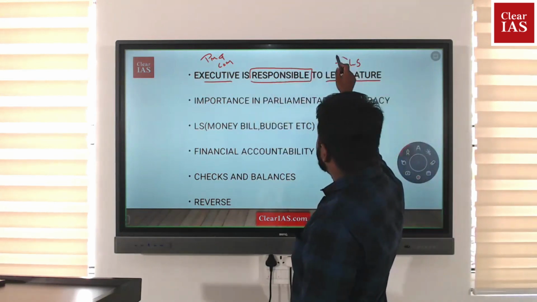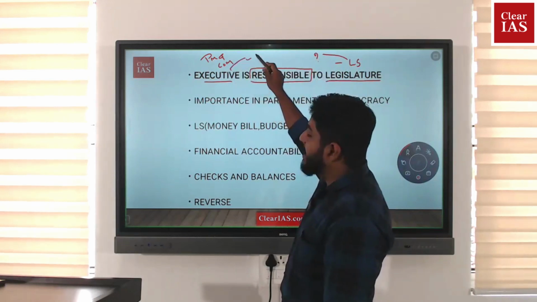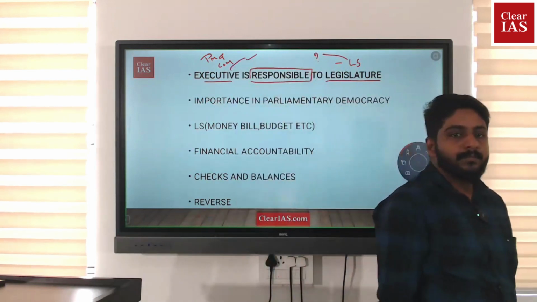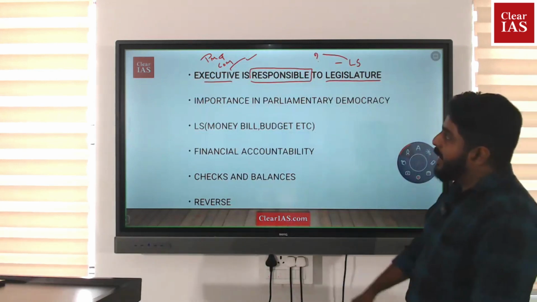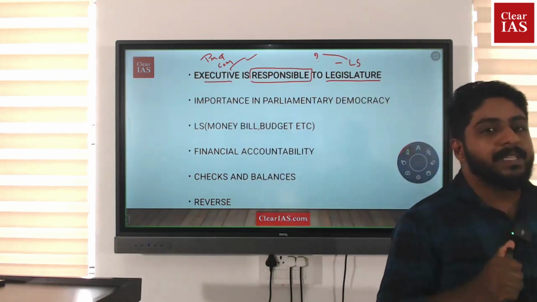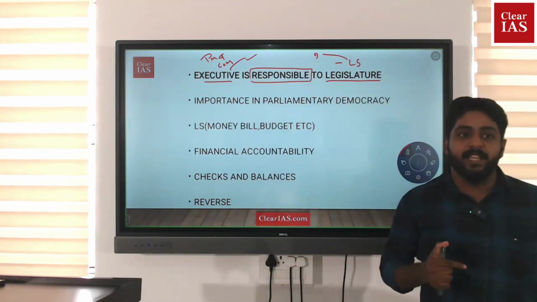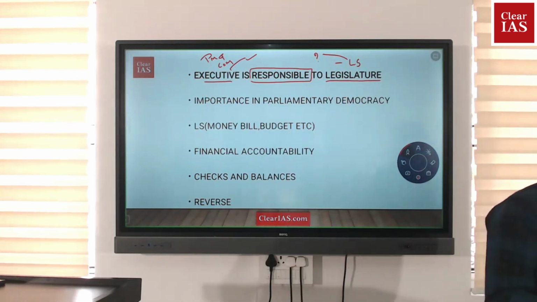Sir, these members of Lok Sabha will raise questions and you will have to give answers. These members will raise questions and the PM and the Council of Ministers will have to answer the questions. You have different instruments, say for example, question hour, no confidence motion, adjournment motion, calling attention motion, all those kind of things.